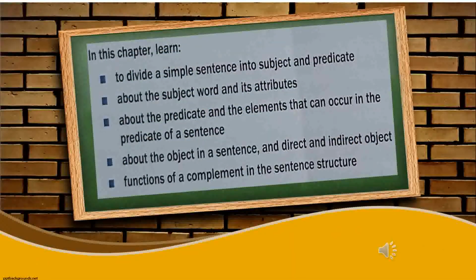In this chapter, we are going to learn to divide a simple sentence into subject and predicate, then about the subject word and its attributes, after that about the predicate and the elements that can occur in the predicate of a sentence, then about the object in a sentence, as well as direct and indirect objects, and finally the functions of a complement in the sentence structure.